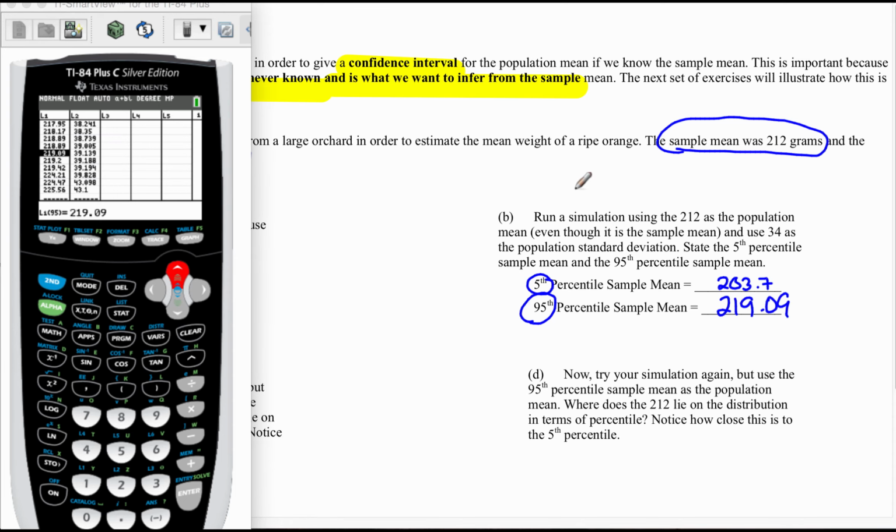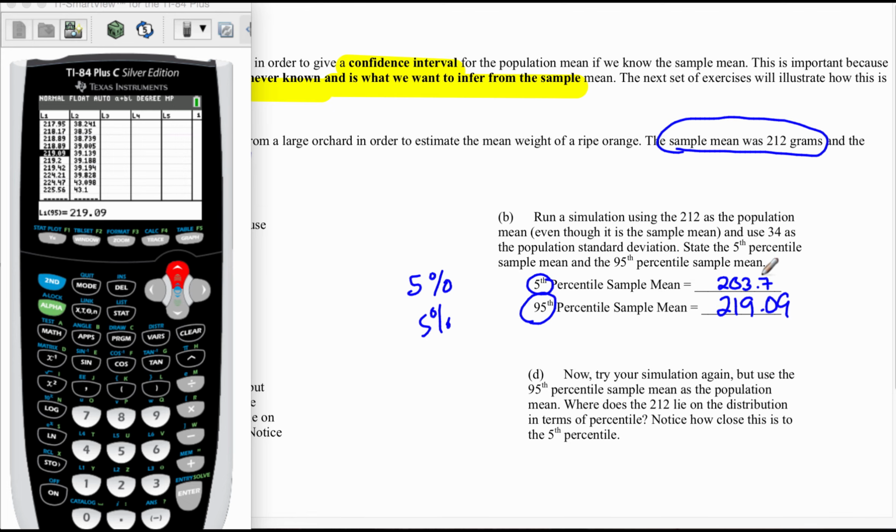All right, so what does that mean? That means that 5% of the time, we expect the average size of a ripe orange to be less than 203.7. And 5% of the time, we expect the average weight of the orange to be above 219.09.